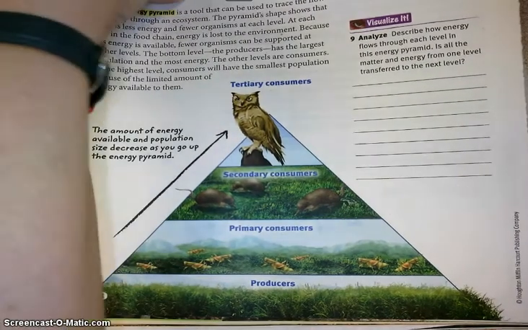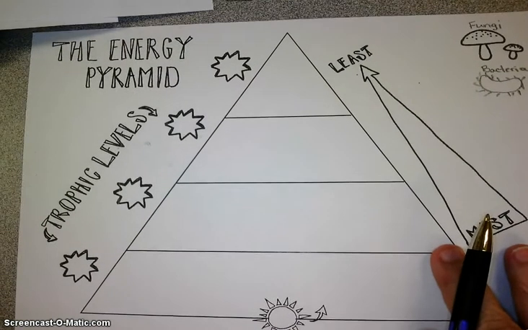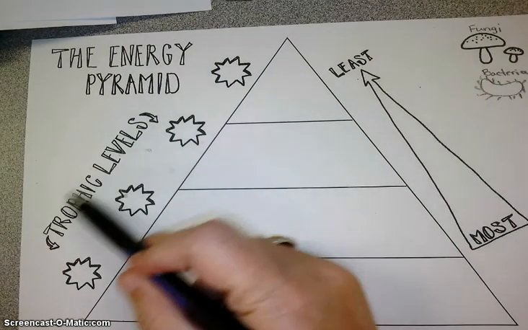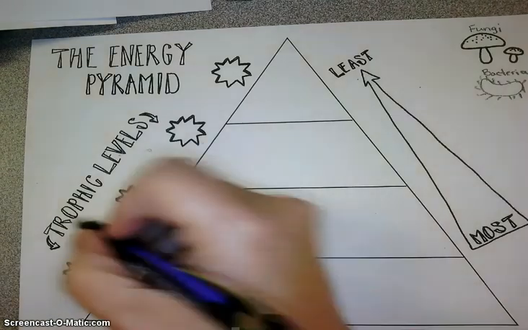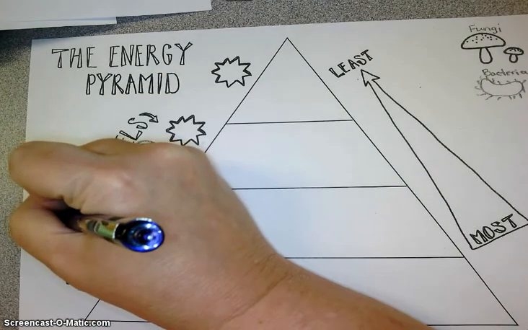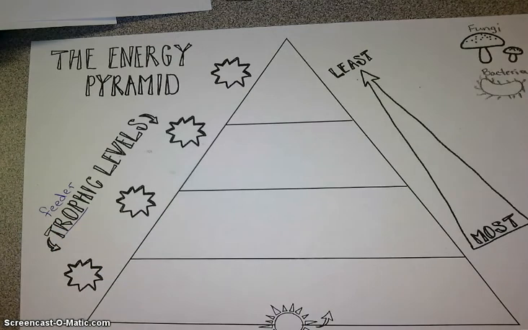And so we're going to look at our diagram, and it has trophic levels. We said when we were talking about autotroph and heterotroph, we said that troph means feeder. So it literally means the feeder levels or the feeding levels.